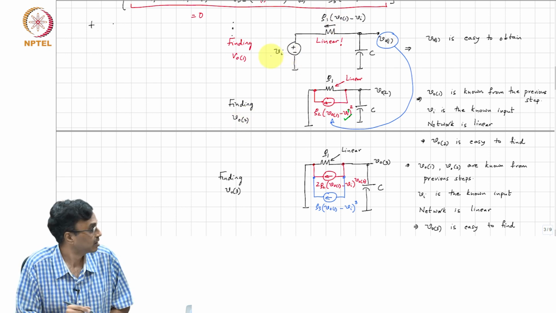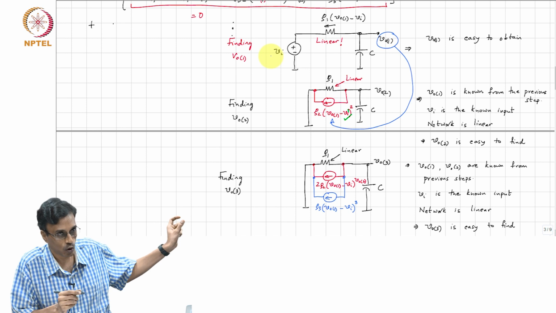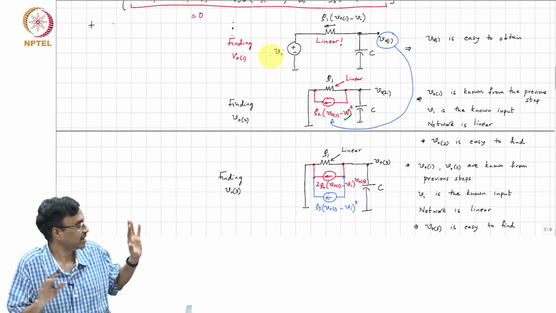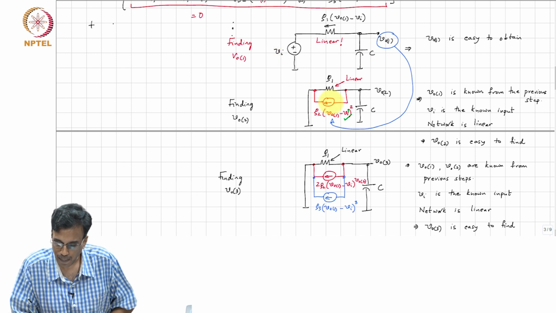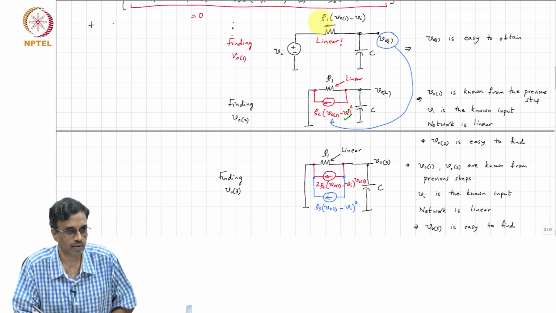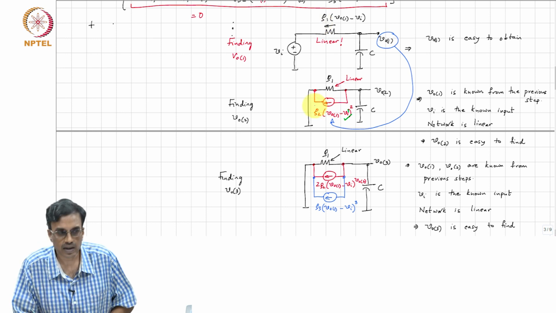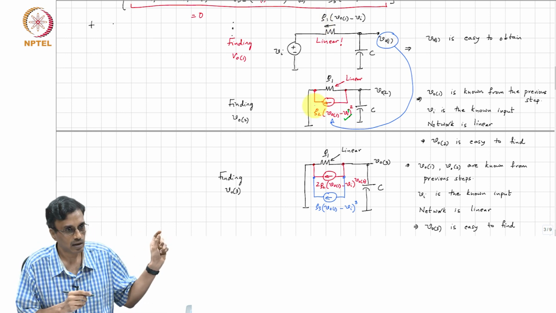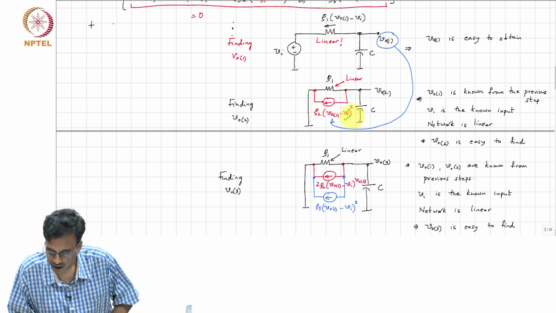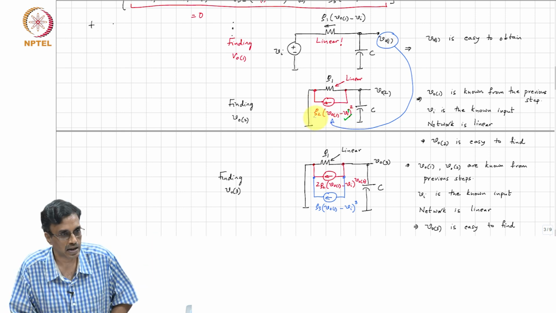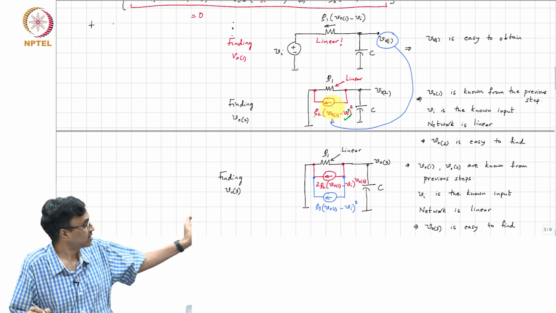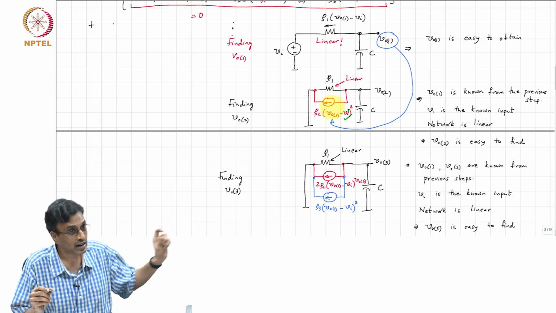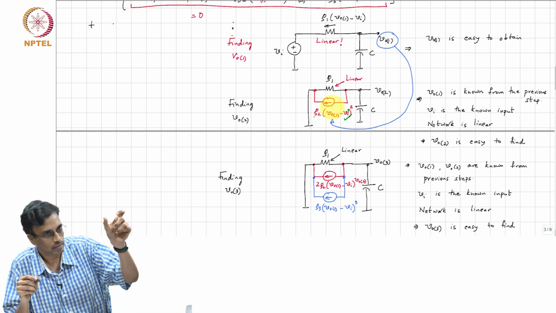The input source is made 0, so we are de-energizing all the input sources, and across every nonlinear element you are injecting a nonlinear current, which depends on the details of the nonlinearity of that element, as well as the voltage across that element in the linear network.